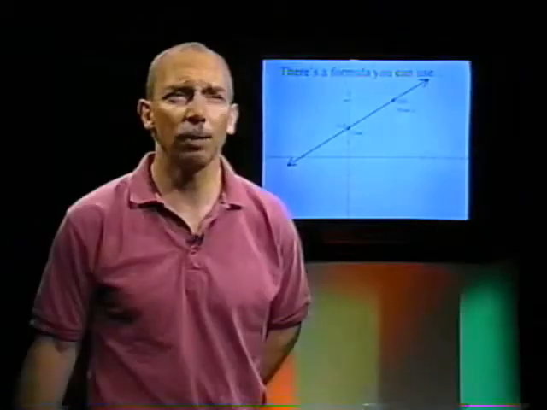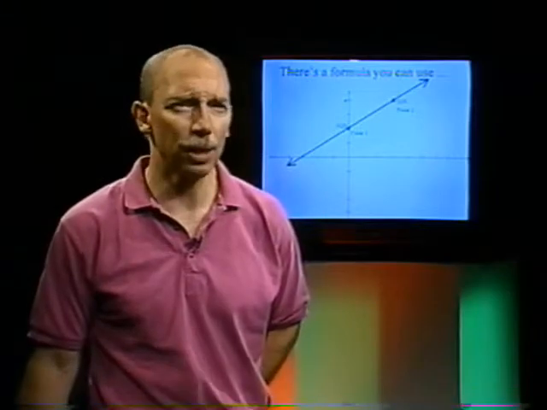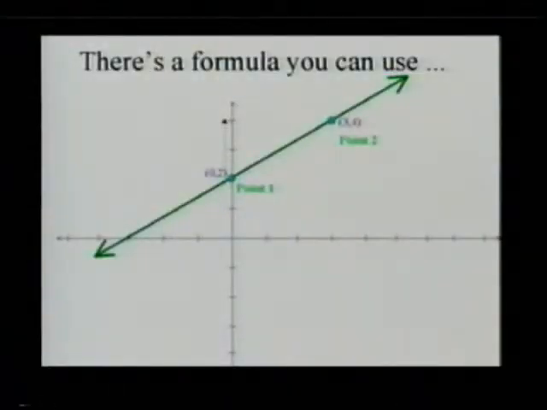I was measuring how much I went up relative to how much I went over. Well, the amount you went up, as you can see, is 2. How did you know it was 2? What did you visually do? You know what you did? You don't even know you did it. You went y2 minus y1. What do you mean y2 minus y1? The y part of the second point minus the y part of the first point.